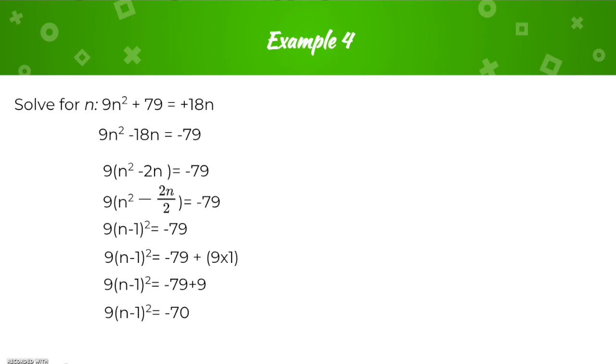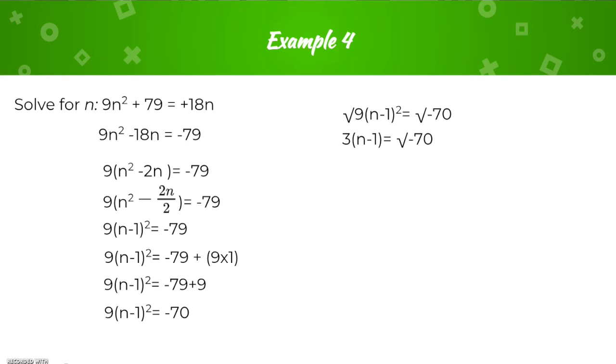Then I add a square root to both sides of the equation, and we can't forget to put the plus or minus sign on the right side of the equation, like this. And since 9 is a perfect square, we end up having 3 parentheses n minus 1, because we canceled the power of 2 with the square root, and since 70 doesn't have a perfect square, we just stick to this.